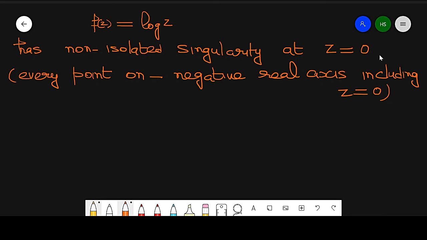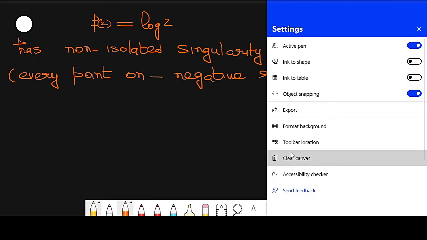Next, we will discuss the example f(z) equal to 1 by sine of pi z. To check the singularity, I will take sine pi z equal to 0.